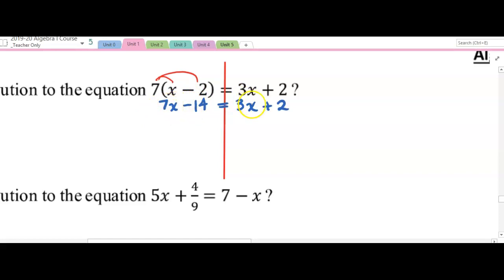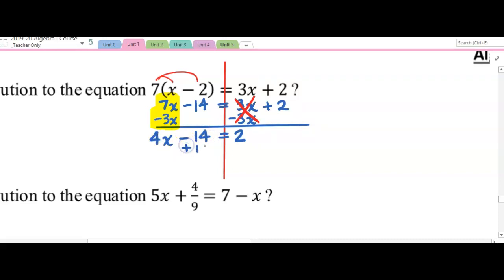You could move the 7x to the right. But I prefer letters on the left, so I'm going to subtract 3x from both sides. So the x's on the right-hand side of the equation are gone, and I'm left with just 2. On the left side, these terms are like. 7x take away 3x gives me 4x, take away 14.